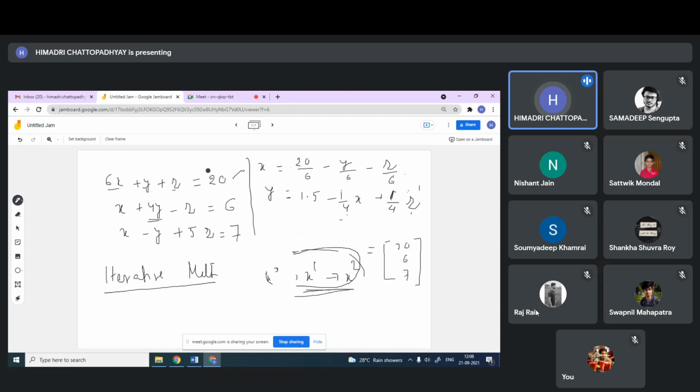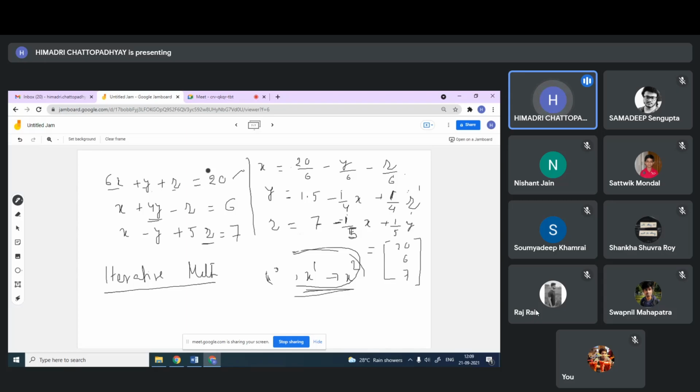And from these now you express z. z equals 7 by 5, minus 1 by 5 x plus 1 by 5 y.